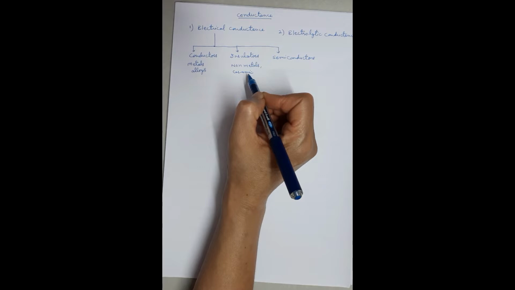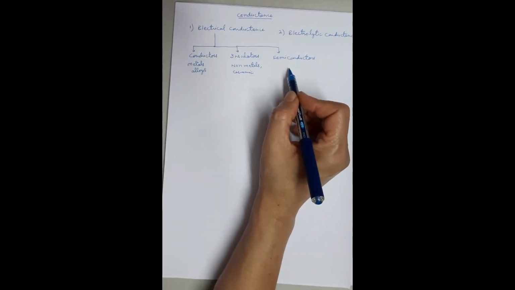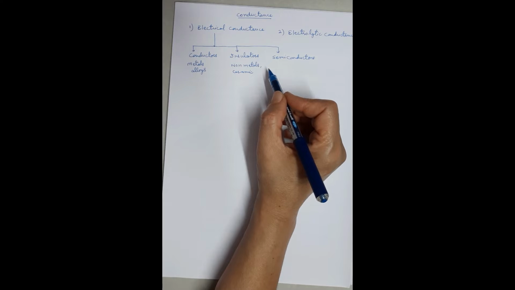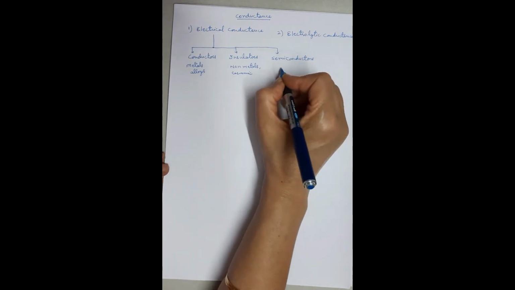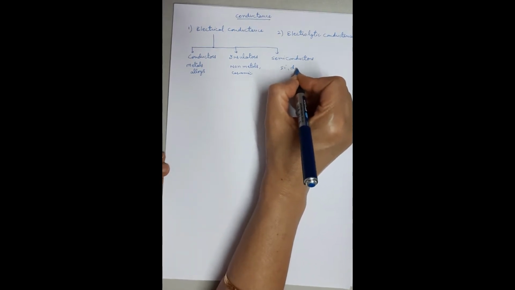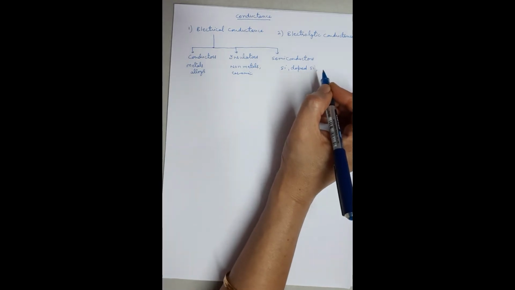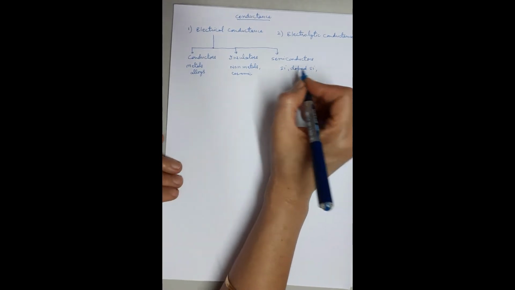There are certain substances which are in between the conductors and insulators. Their conductivity is between conductors and insulators, and they are generally silicon or doped silicon or gallium arsenide.